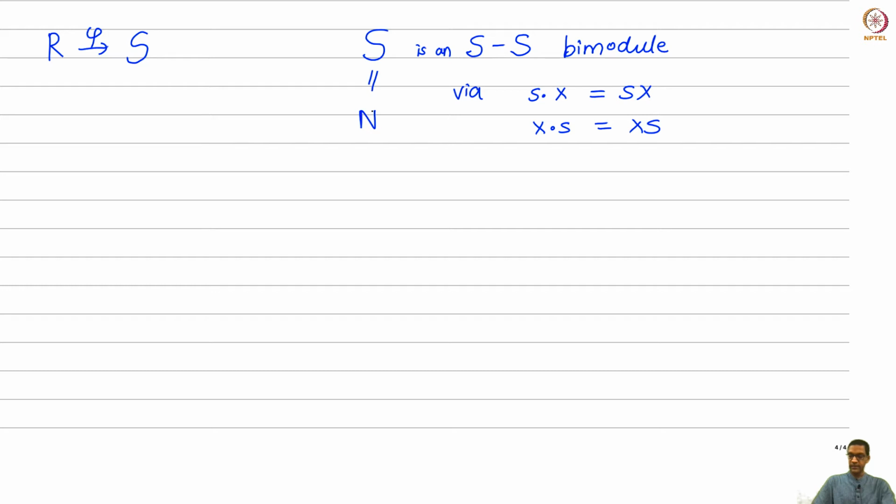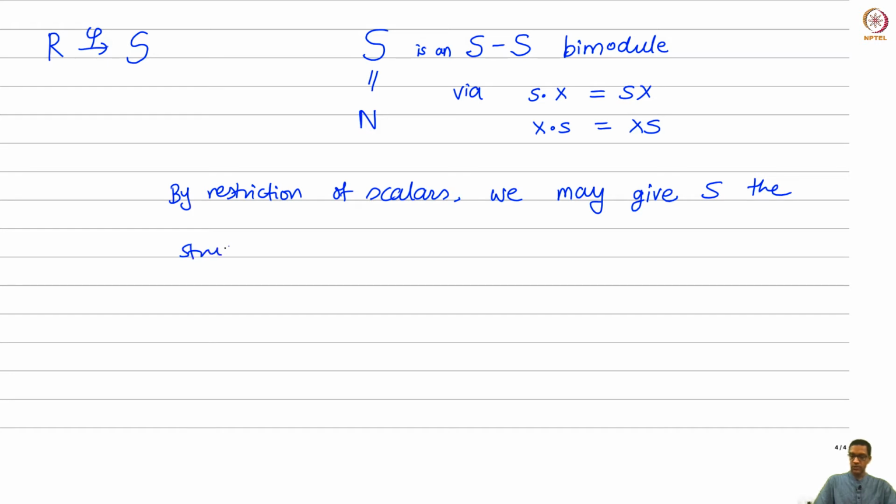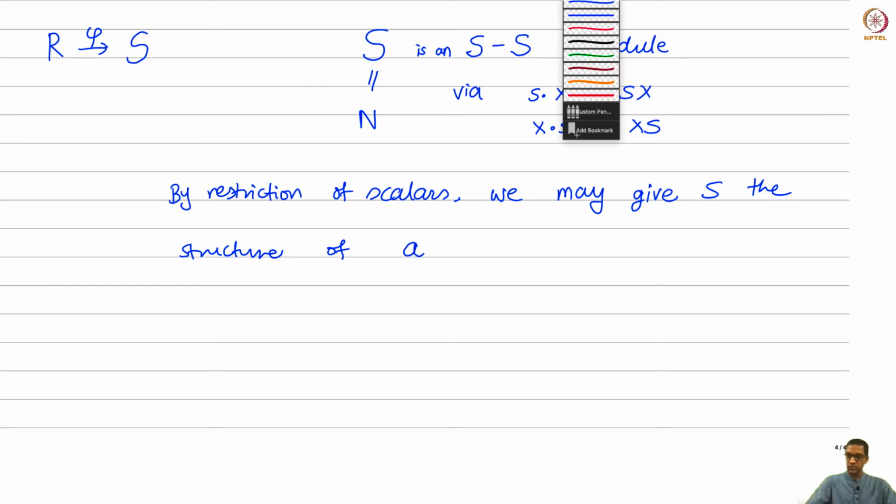What I mean is, by restriction of scalars, we may give S the structure of, well, what can I do? So let's just look at this, forget the second S on the right. So look at this S. S is a left S module. So by restriction of scalars, I can think of it as a left R module.